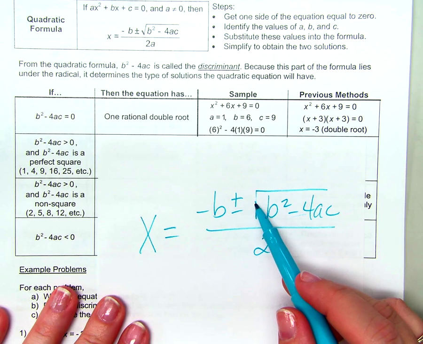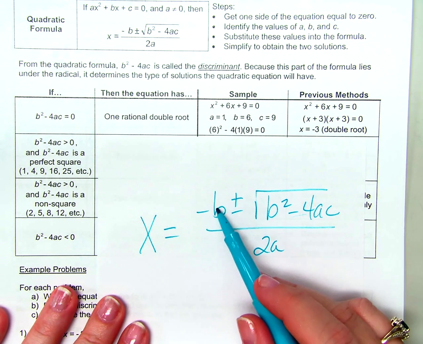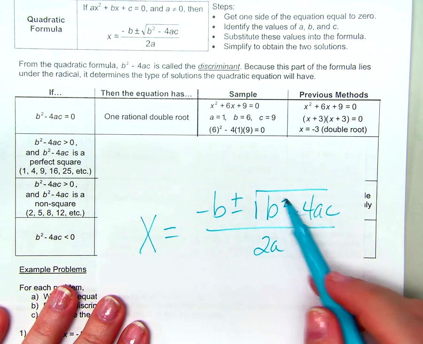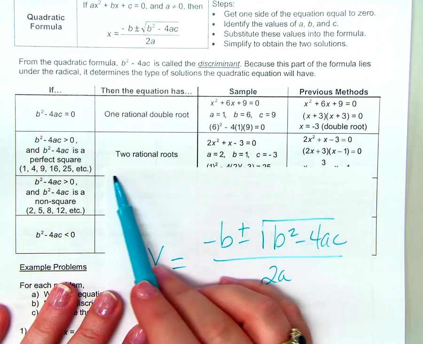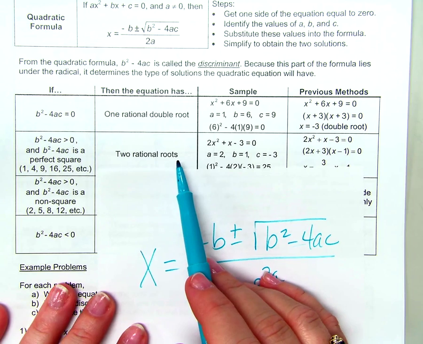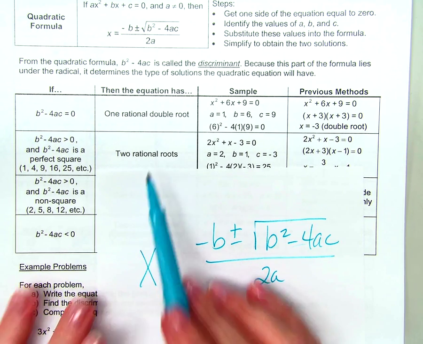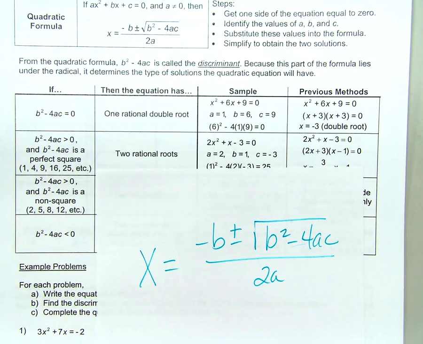Don't I just end up with a whole number, an integer answer? So I get a whole number plus or minus a whole number divided by a whole number. That's going to give me 2 rational roots. While they may not end up as whole number answers, they might be rational, which means fractions. It's still something that I can solve for fairly easily.